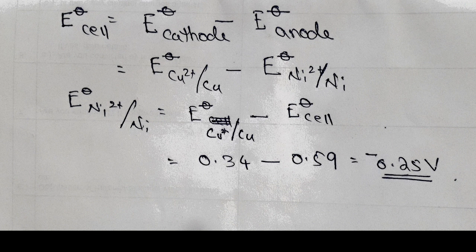We have to calculate the electrode potential for the nickel electrode, so we can rearrange the equation like this: electrode potential for nickel equals electrode potential of copper minus electrode potential for the cell. Substitute the values here and the final answer will be minus 0.25 volt. This is the answer.